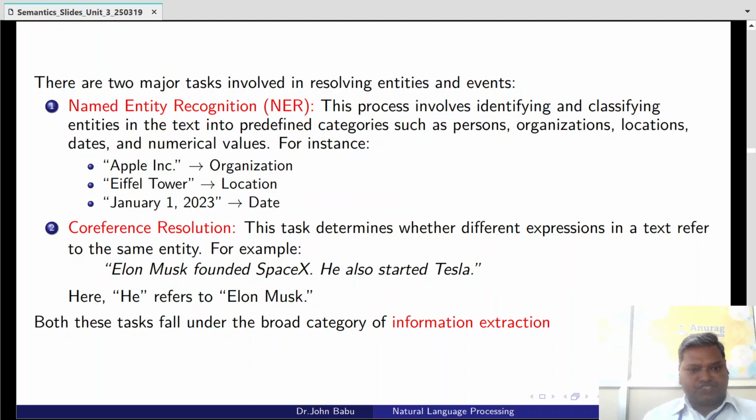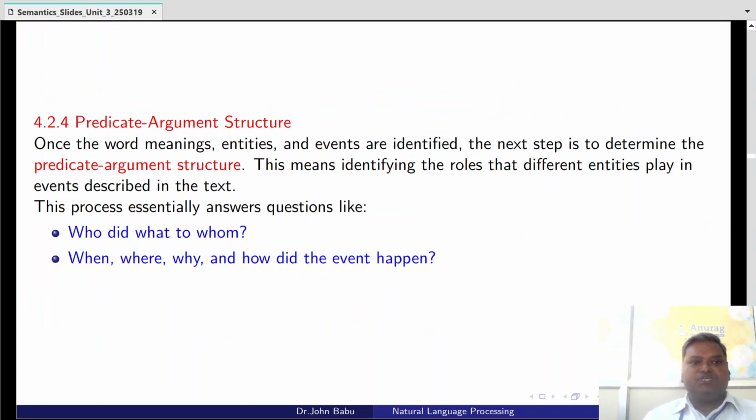Number one, structural ambiguity resolution. Number two, word sense disambiguation. Number three, entity and event recognition. Number four, predicate argument structure. We'll be spending more time dealing with this in later classes. Predicate argument structure is dividing the given input into a predicate and other arguments depending on it.